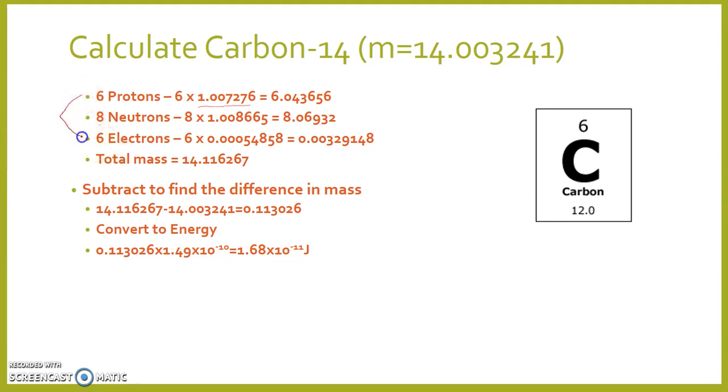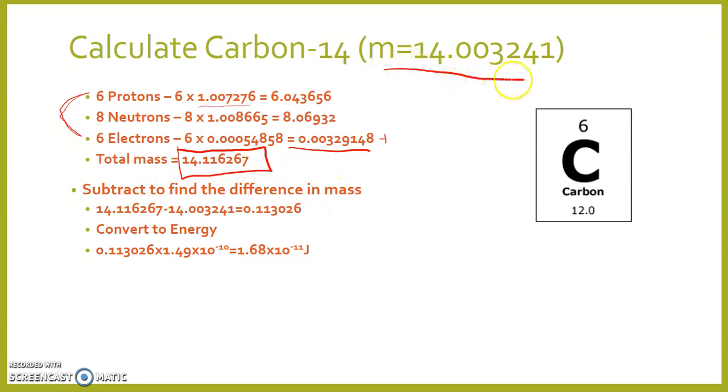The protons and electrons always equal each other. So we know that the atomic number is the number of protons, so it also has 6 electrons. So we have 6 times the mass of the electron, and we get 0.00329148. After we add the 3 of these together, we should get the total mass of 14.116267. Now we subtract to find the difference in mass.